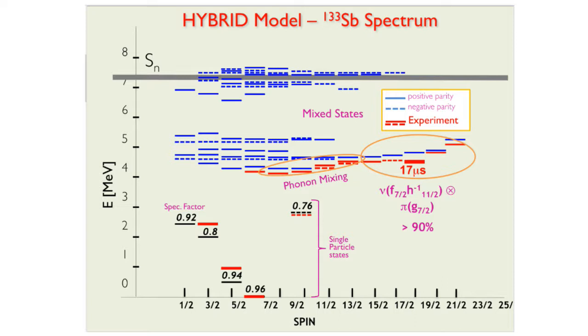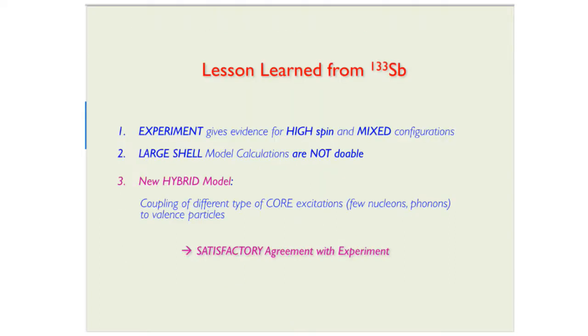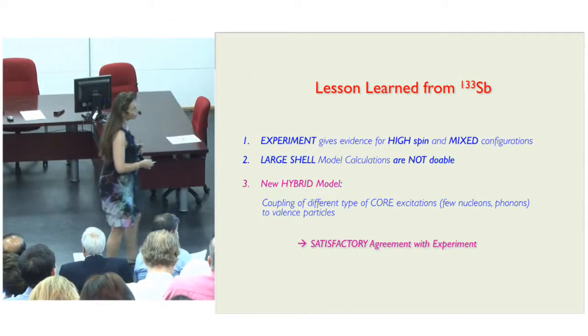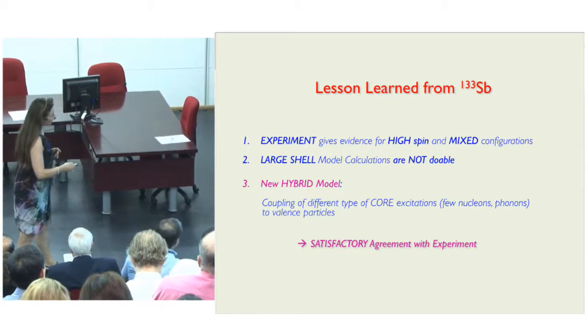So we believe that this model is quite appropriate to describe this type of states we measured. If we summarize, we have measured something which cannot be described by the shell model calculation, but on the other hand, this gave rise to a new development, this hybrid model, which is able to take care of core excitations involving more nucleons than usual, and valence particles.